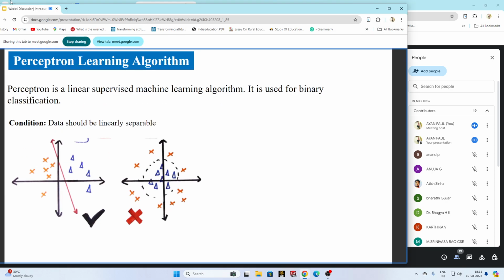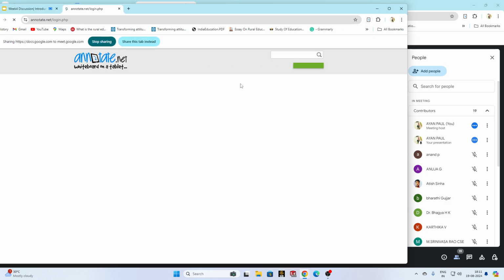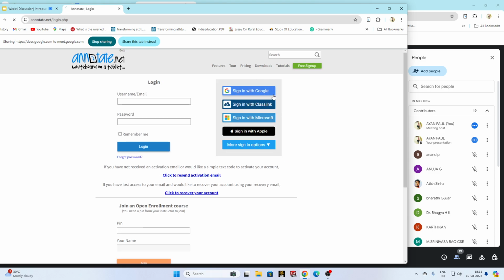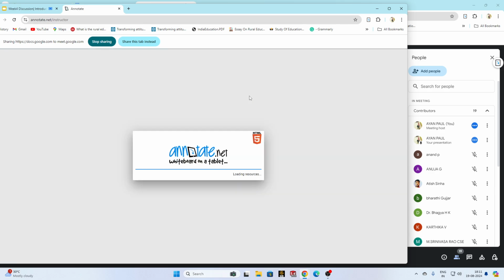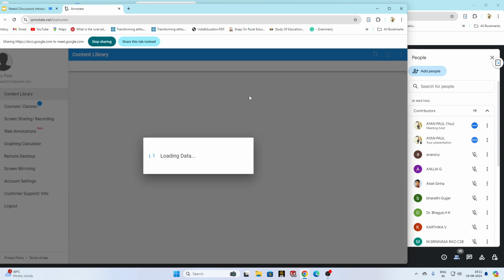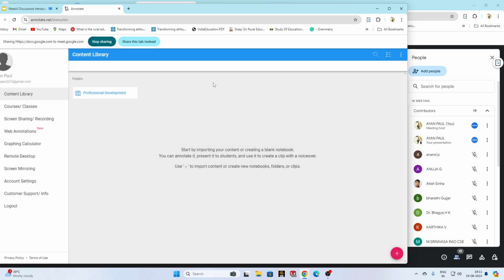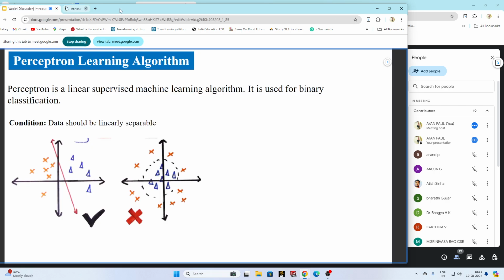You can see these two graphs, right? In the graph on the left side, there are two types of classes.